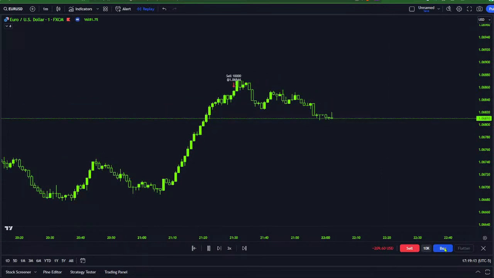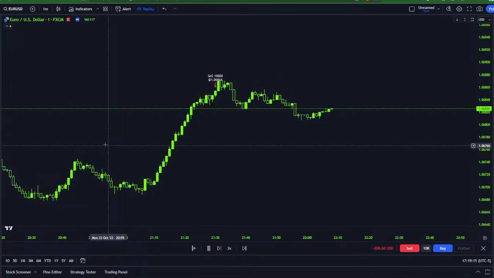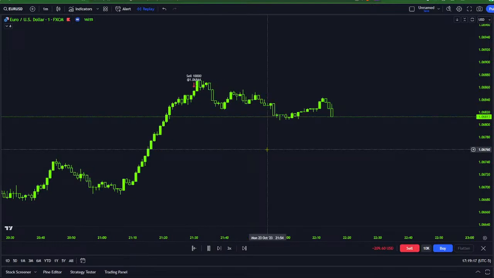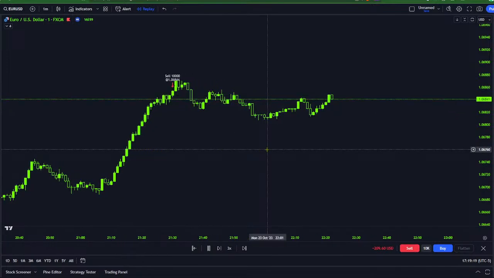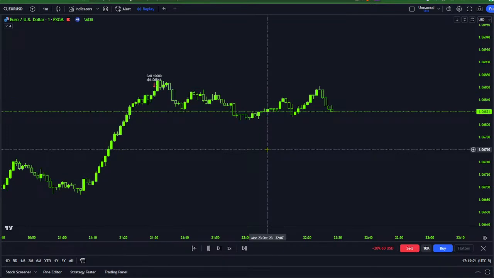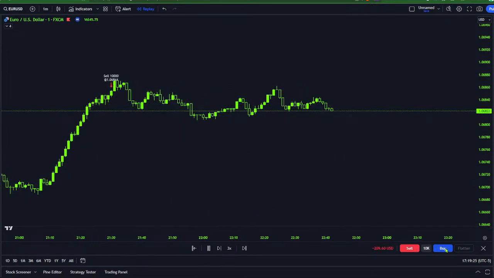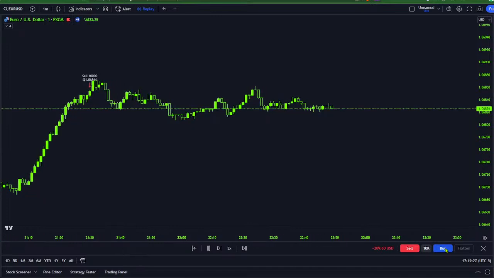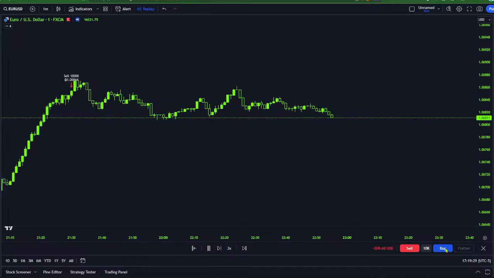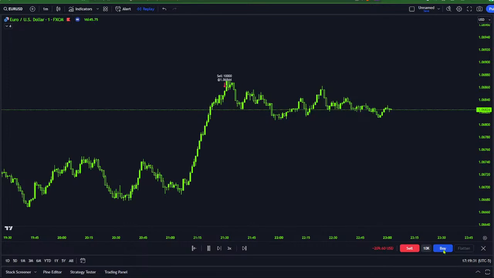Will we keep buying? That is the question. If it comes down to here, I'll probably buy. Doesn't look like it's gonna get much. Come on, just a little bit more. Just need it to come down a little bit more.